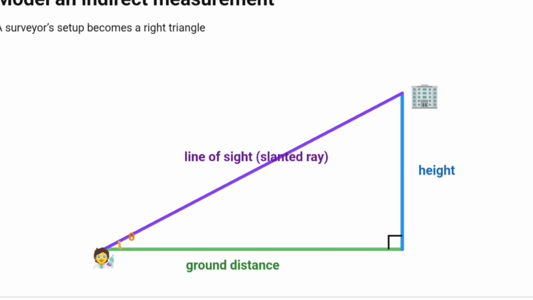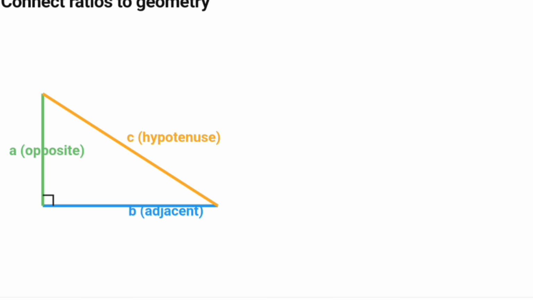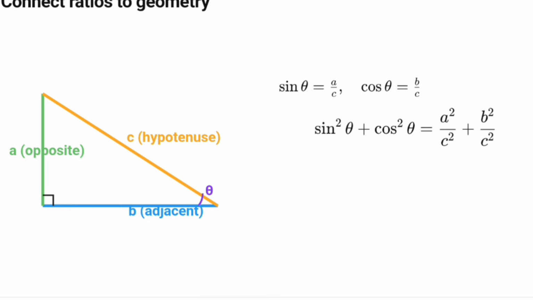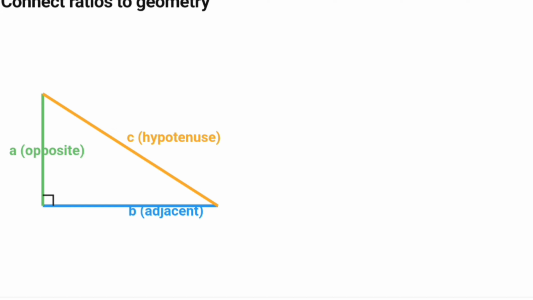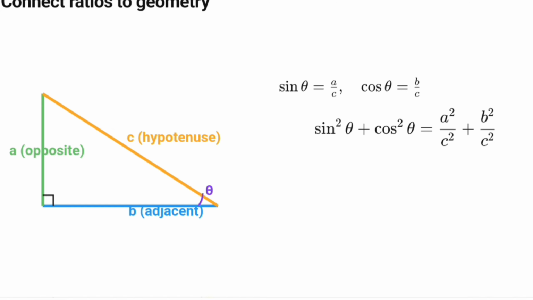Once ratios are built from the sides, geometry explains why some trig statements are always true, because the legs and hypotenuse of a right triangle follow the Pythagorean theorem. Sine and cosine also have a fixed relationship.